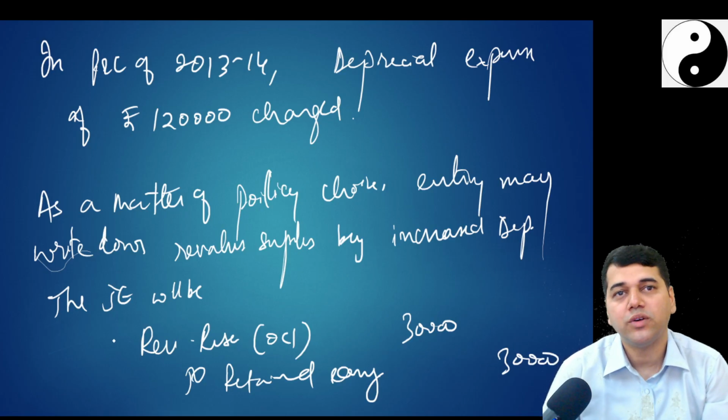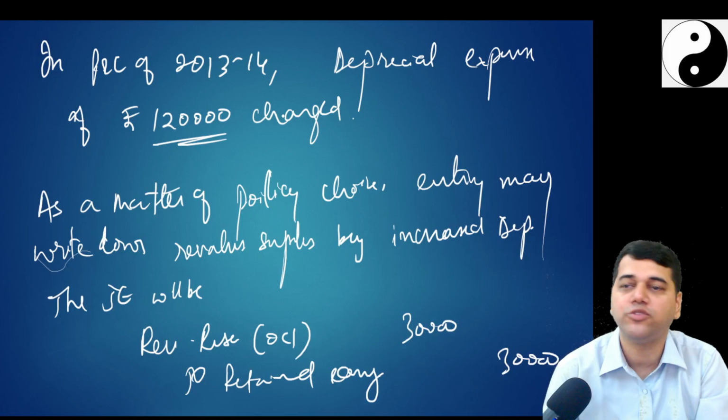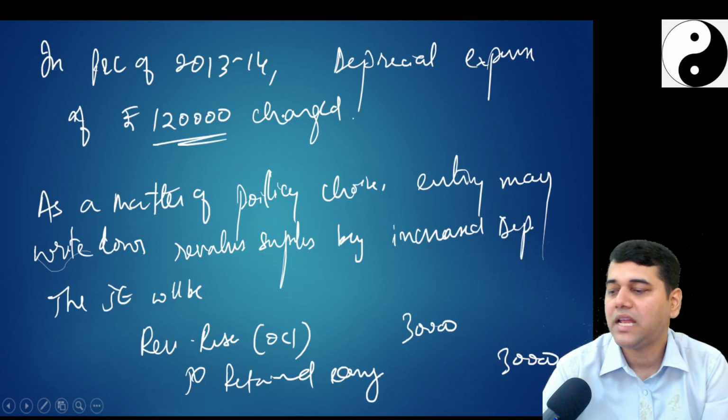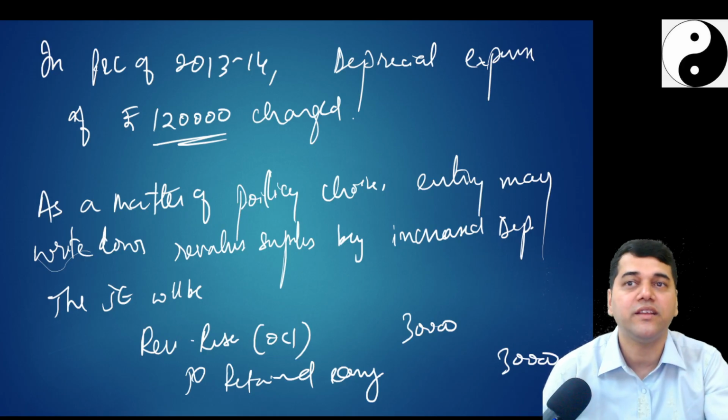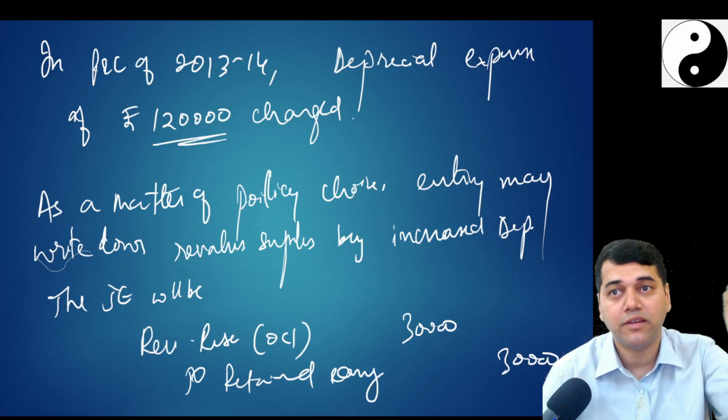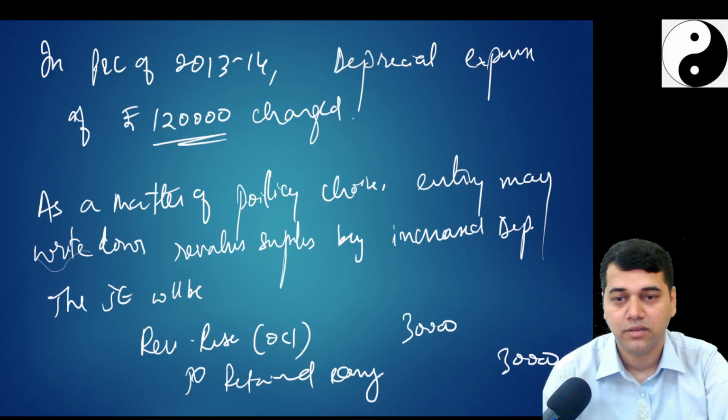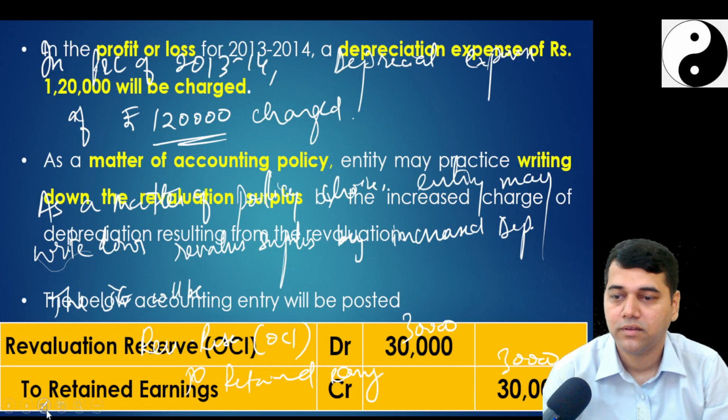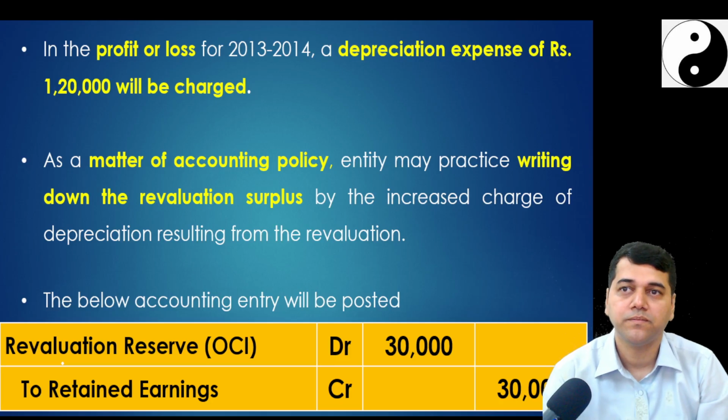Now they asked you, what is your balance? Depreciation they asked you, you worked out and told. The last thing they asked you, what is the balance of the revaluation reserve at the end of the year? Revaluation happened at the beginning of the year. Are you clear?